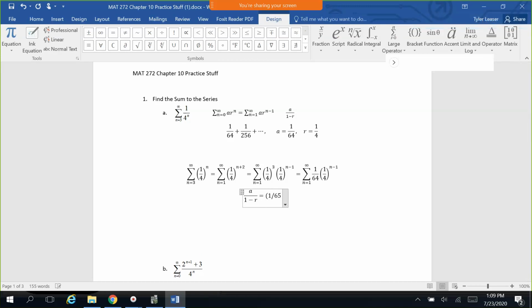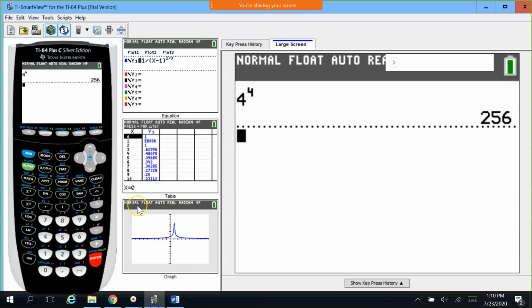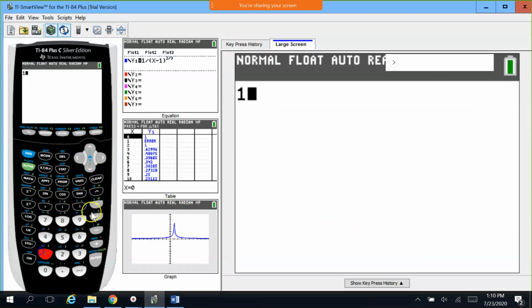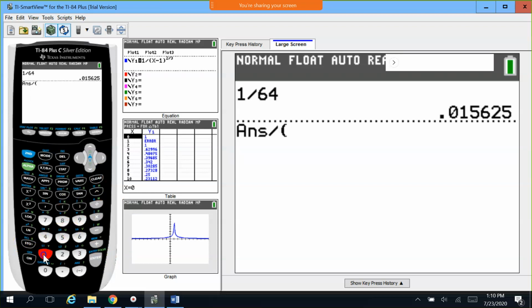1 over 64, if I can type, divided by 1 minus the r, which is 1/4. All right, and then you just type this into the calculator to figure what this comes out to be. I'll do that. So 1 over 64, I'm going to take whatever that is and divide that by 1 minus 1/4.